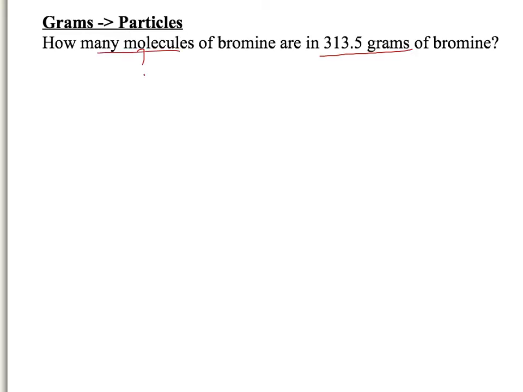So you're starting out with grams and you're trying to convert it into molecules, which is a particle found in a mole. So if you look at your conversion chart, you're starting out with grams, and you have to convert first to moles in order to get over to molecules. So you know that you're going to have to do 2 steps because they're not right next to each other on that chart.